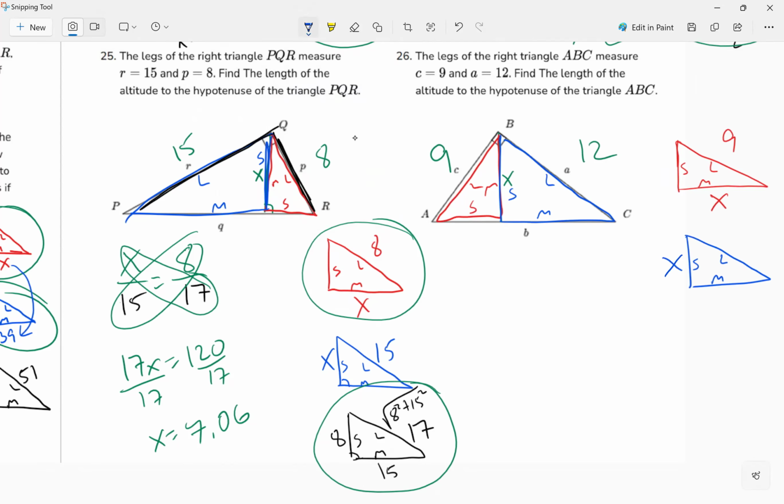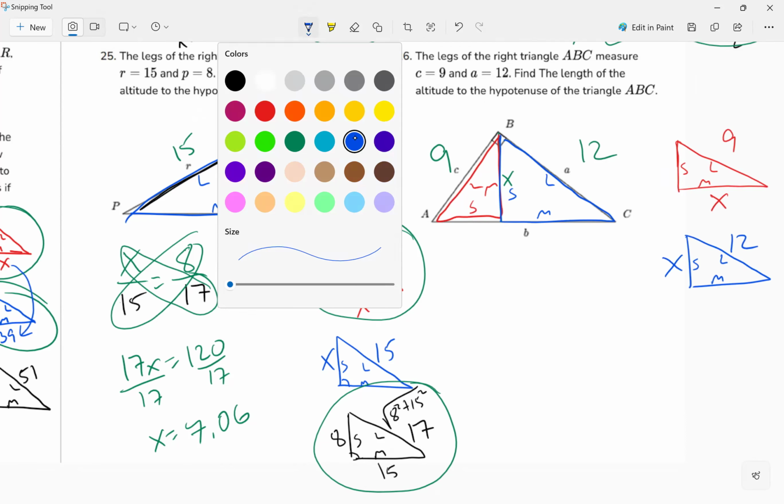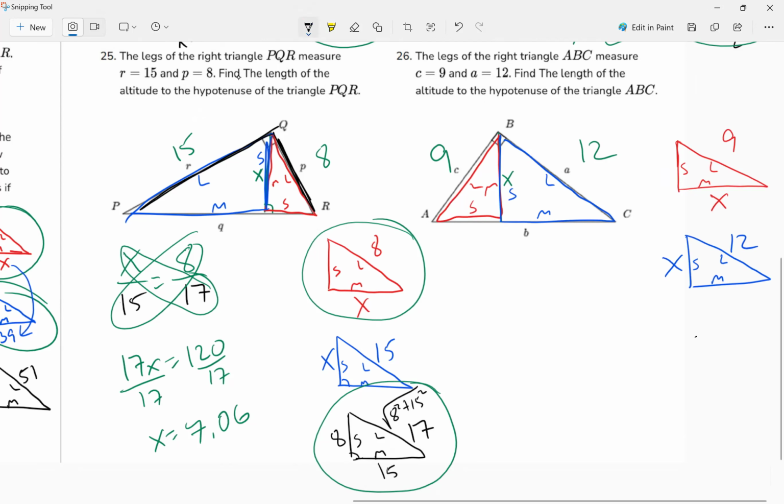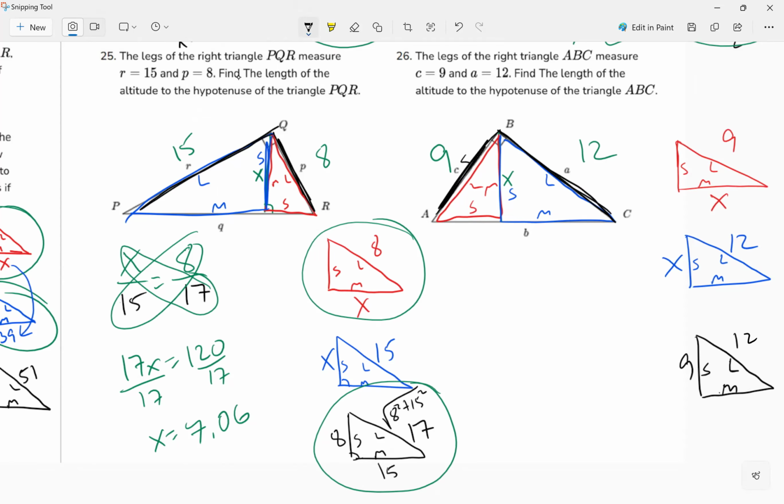The small side is X, the medium side is blank, the large side is 12. And lastly, my black triangle. There's a small, medium, and large. The small side is 9, the medium side is 12, and the large side is blank.